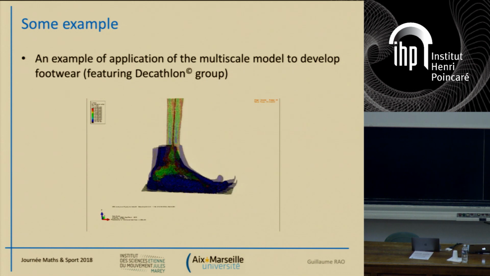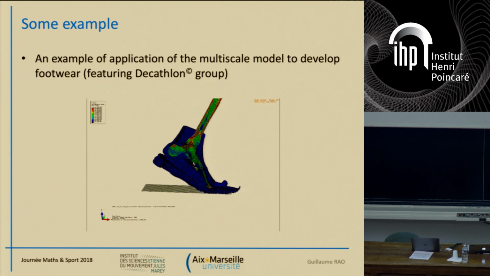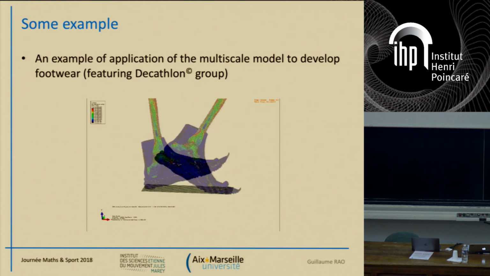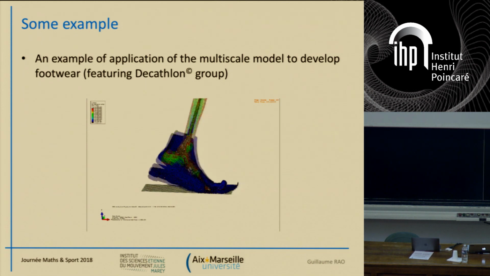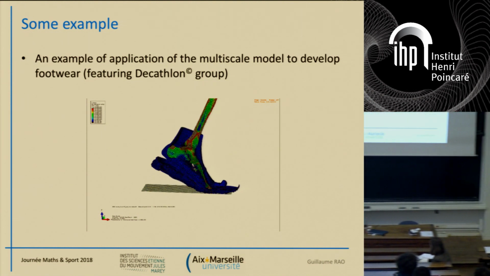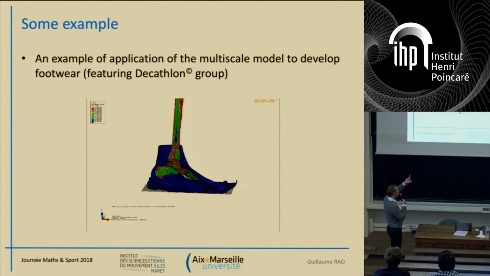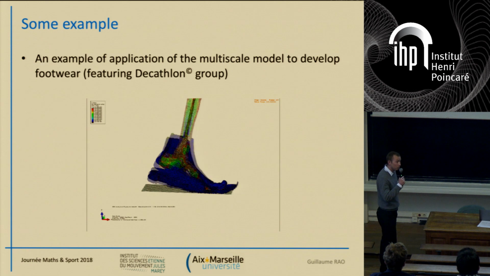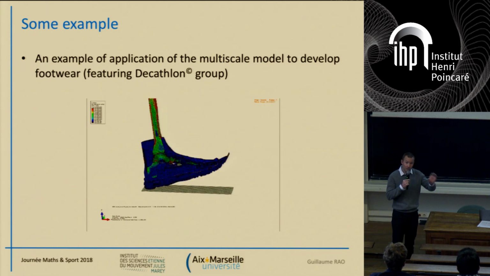If you put a shoe around the foot and you ask the model to run, you can see the full strike of the foot on the ground, and you can also see by color grading the different stress within the bones while the foot is moving on the ground.